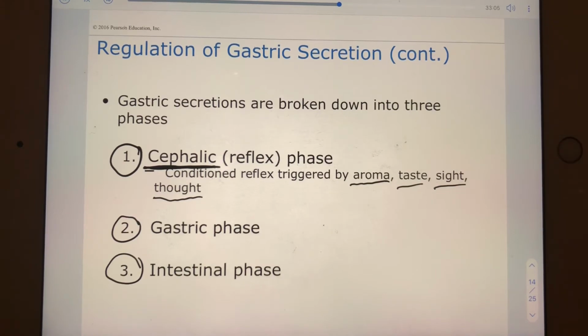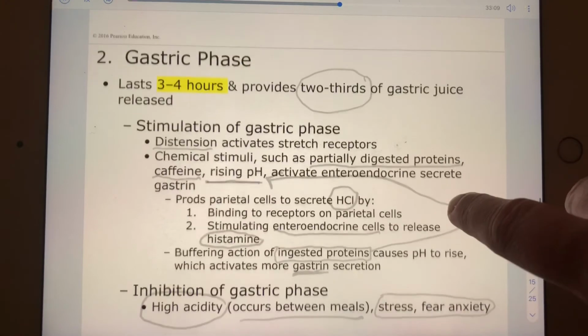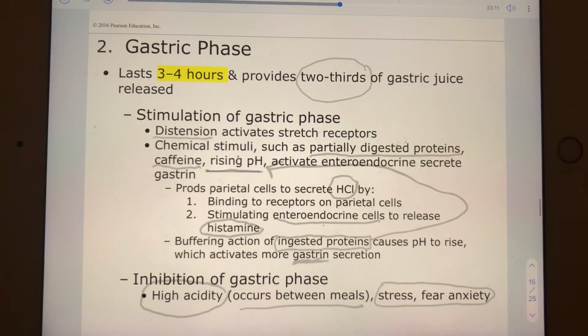Okay, cephalic phase, I'm moving on to 18, is followed by gastric phase. And the gastric phase alone will often last for 3 to 4 hours. It will yield about 2/3 of the gastric juice that we secrete. So very productive. And the gastric phase is stimulated by distension.